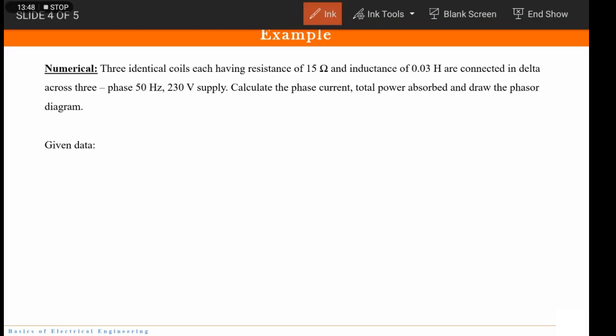So first of all, the connection is delta connection. Now in delta connection, we know line voltage is the same as phase voltage, which is 230 volts.